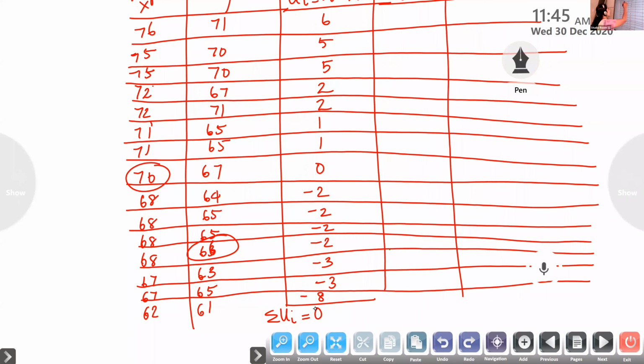So you'll get 5, 4, 4, 1, again 5, minus 1, minus 1, 2, minus 2, minus 1, minus 1, 0, minus 3, minus 1. Then find out what is sigma vi.